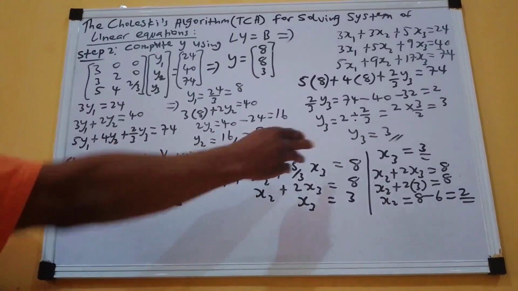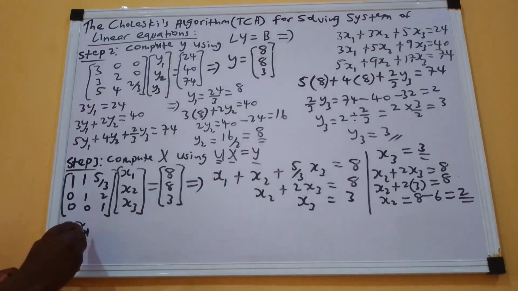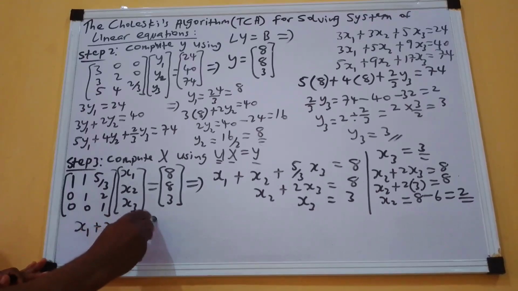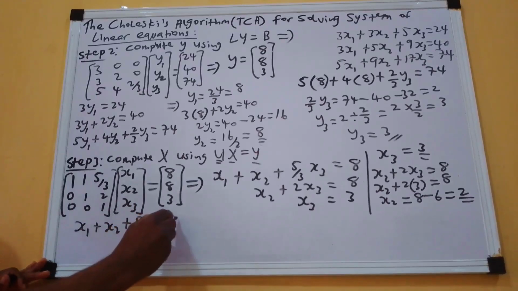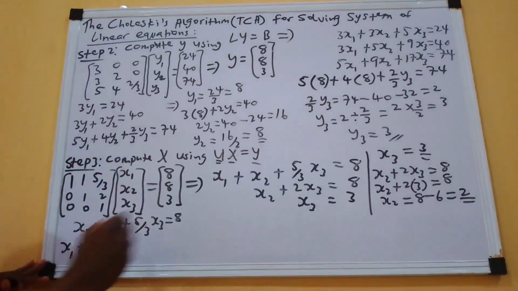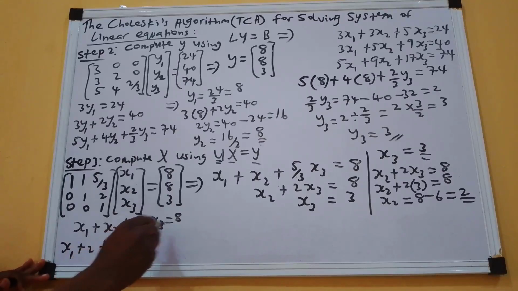Then from the first equation, we are going to get our x1. So we'll come here: x1 plus x2 plus 5 over 3 x3 is equal to 8. So this will now be x1 plus, our x2 is 2, plus 5 over 3 times our x3, which is 3, and that is equal to 8. 3 will cancel 3.